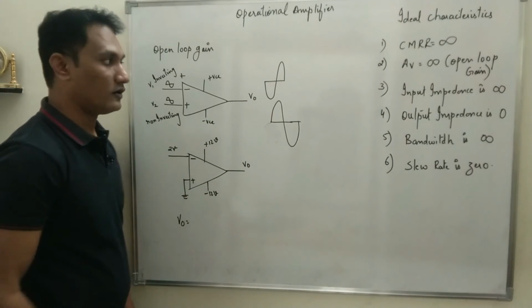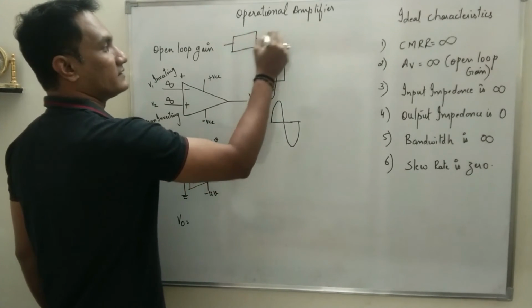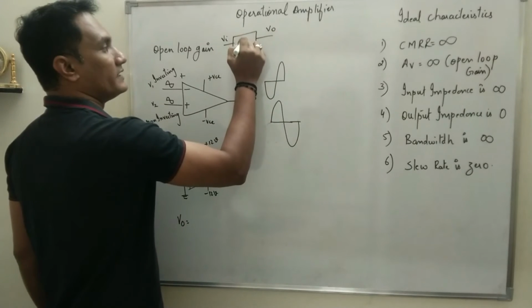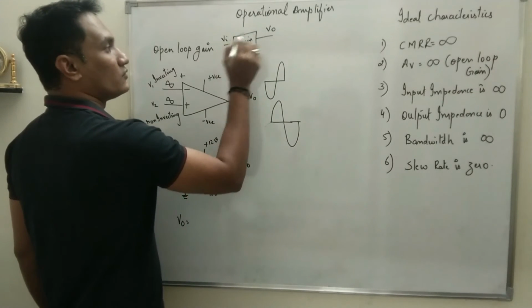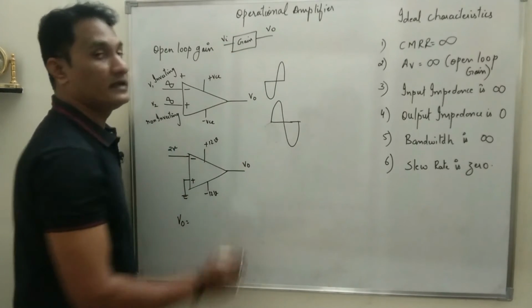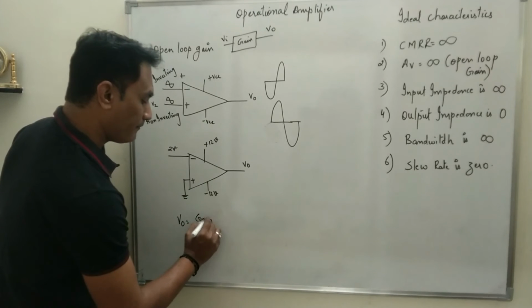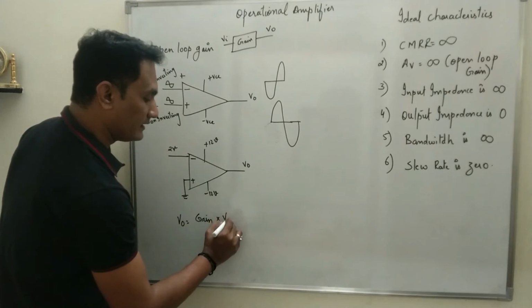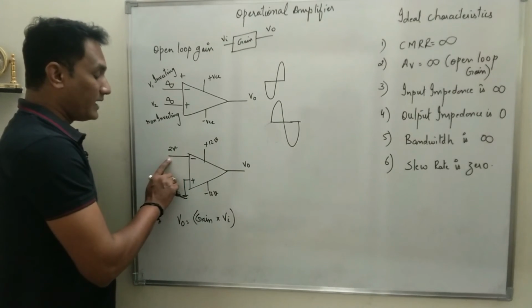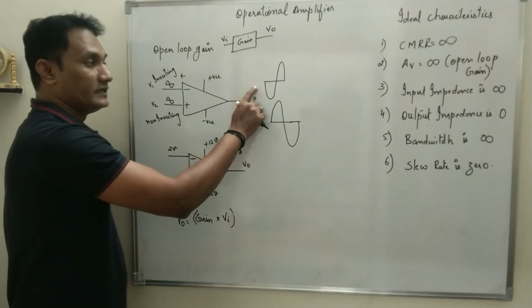The output voltage, for an amplifier, say this is an amplifier, so if this is Vi, this is V0, and there is a gain factor. So output voltage is input voltage multiplied by the gain. So V0 is gain multiplied by the input voltage. And as you are applying input to the inverting terminal, the output will be 180 degrees out of phase.